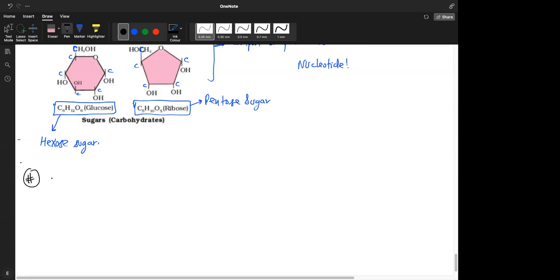Now we are coming to primary versus secondary metabolites.